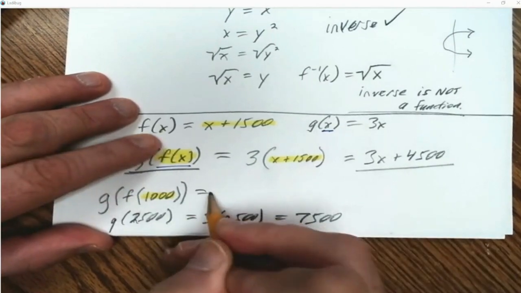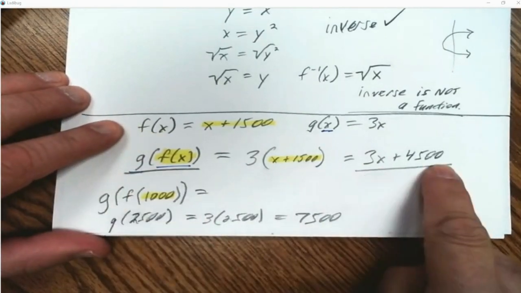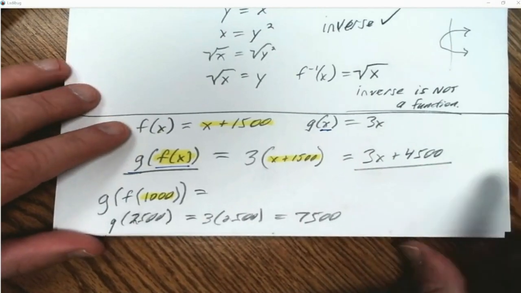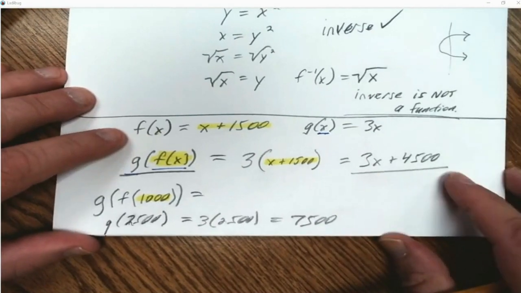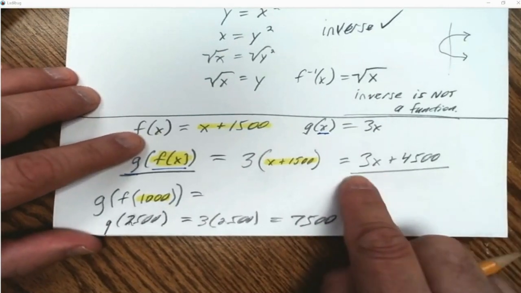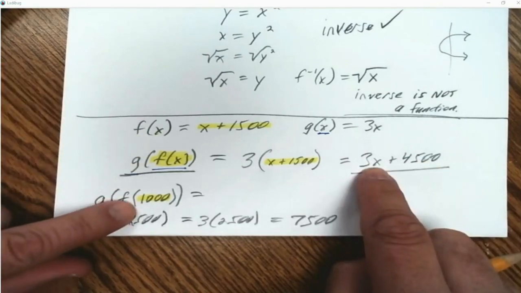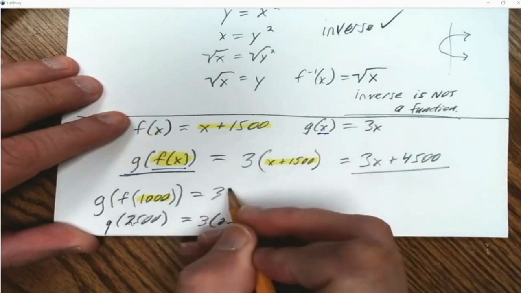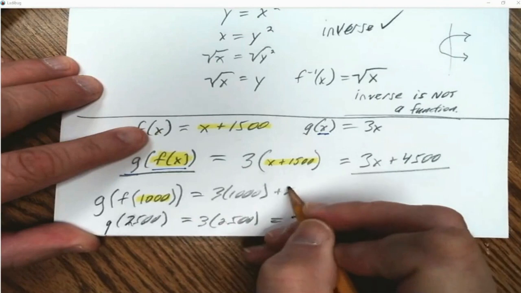The other option you have is you know what g of f of x is. It's this. Ooh, are we going to get the same answer there? Yeah, we'll get the same answer. So 3x, whatever x is, we're going to substitute 1,000 into. G of f of x, 3 times 1,000 plus 4,500.